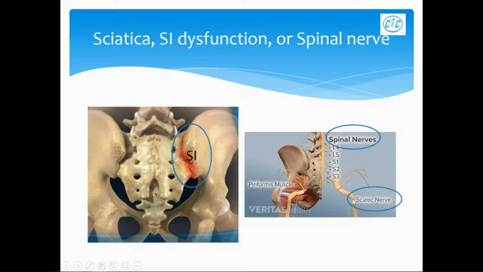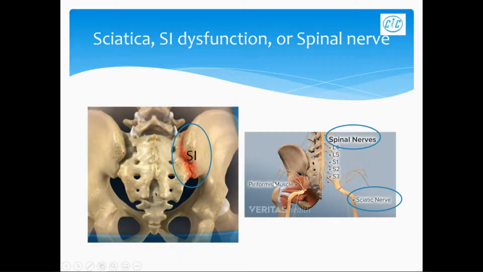And this nerve right here is not the same as the spinal nerves coming out from between the vertebrae. But the spinal nerves combine and make up different nerves, in this case the sciatic nerve. Also, it is important to notice that each spinal nerve may make up more than one nerve. But we'll see how that goes.